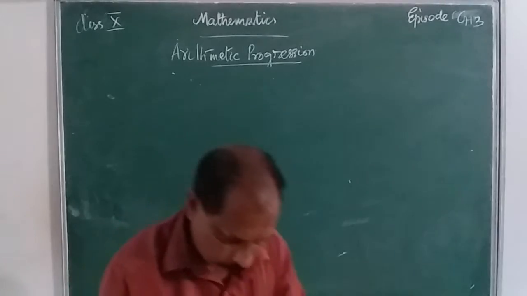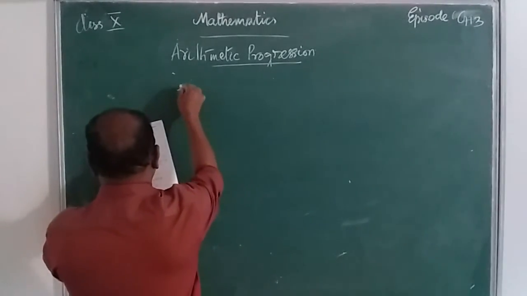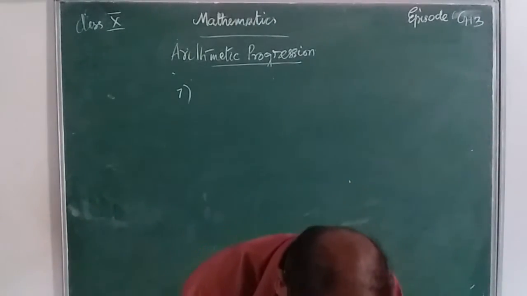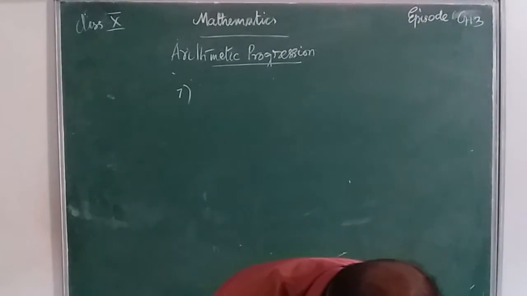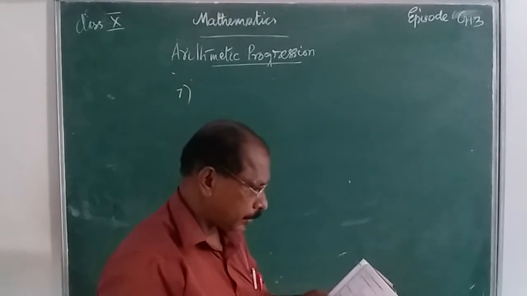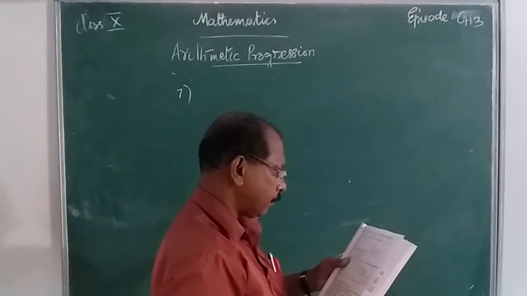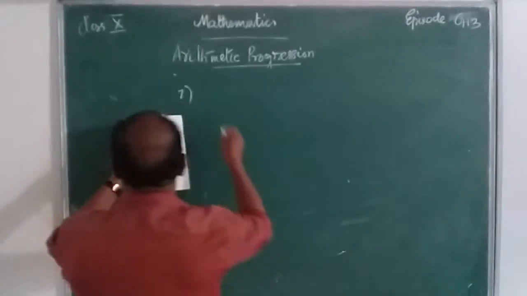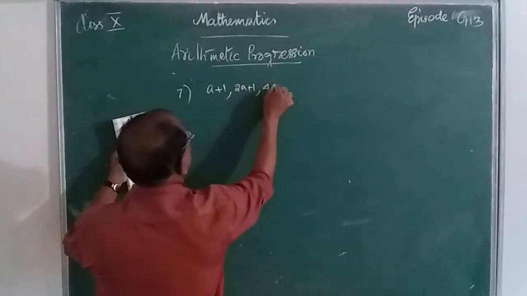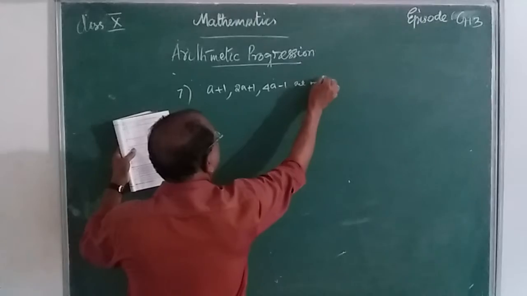Then question number 7. a plus 1, comma, 2a plus 1, comma, 4a minus 1 are in AP.